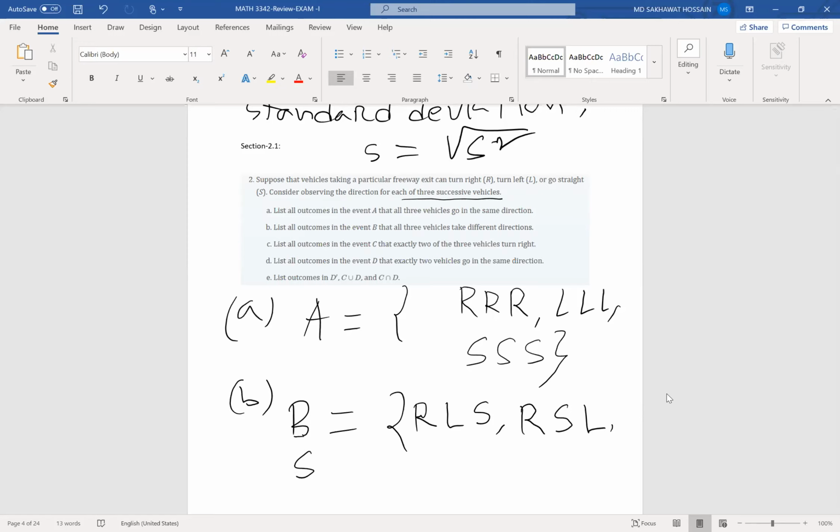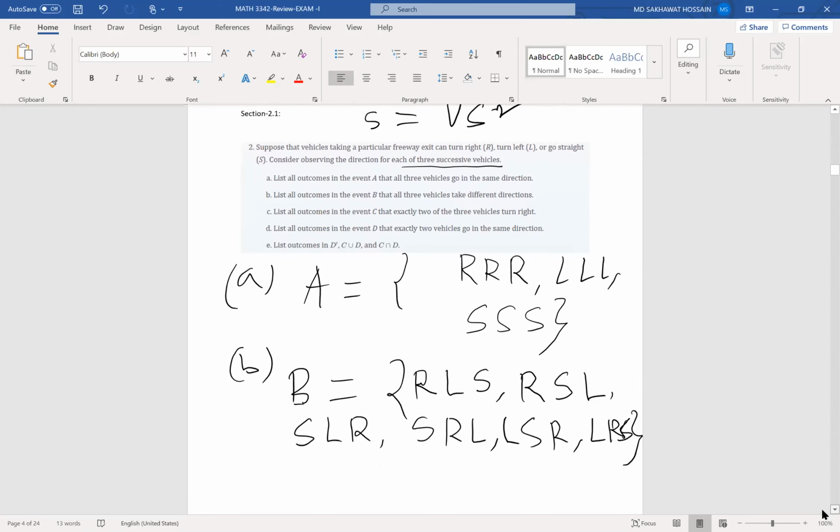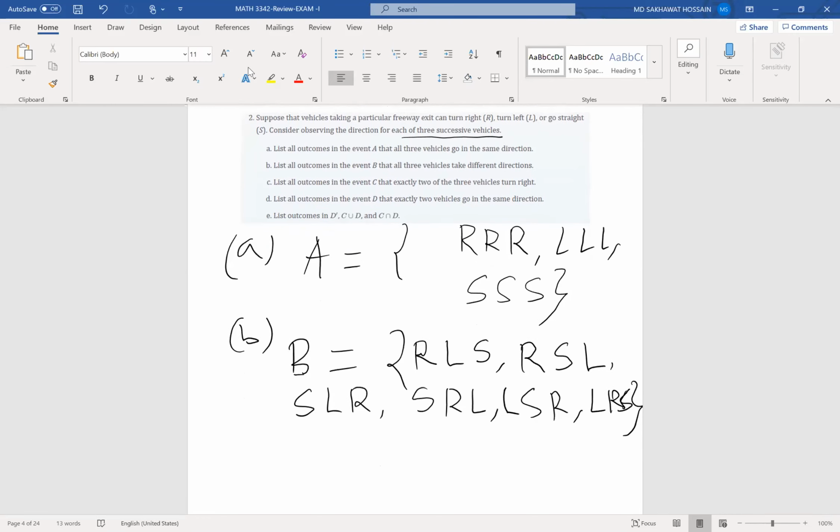Now start with S. Then the second will be either L or R. If we consider L, the third will be R, so SLR, and again SRL. Now start with L, so it will be LSR and LRS. So these are the possible outcomes where the vehicles exit the freeway in different directions. Is it clear, or do you have any question?